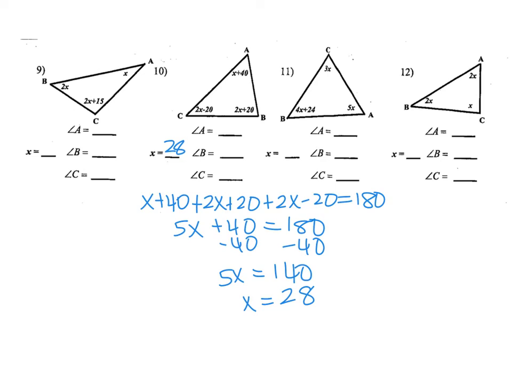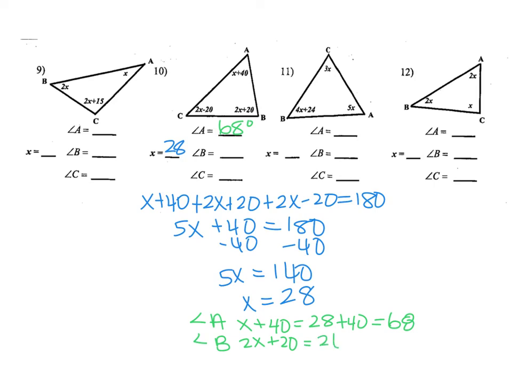All right, let's plug in for our 3 measurements. So angle A says x plus 40. So I'm going to replace my x with 28. So 28 plus 40, which is going to give me 68. Angle B says 2x plus 20.